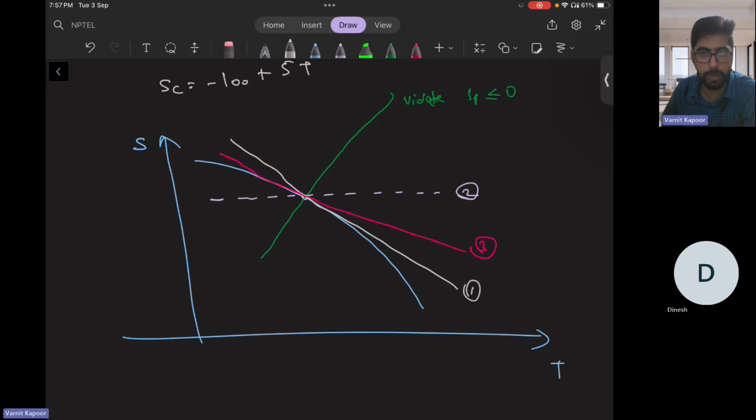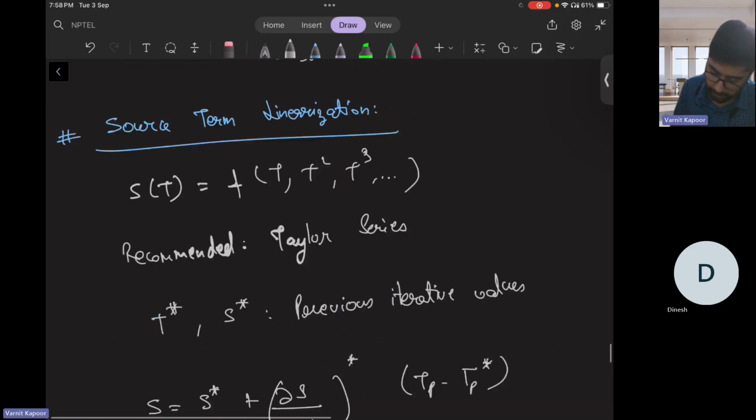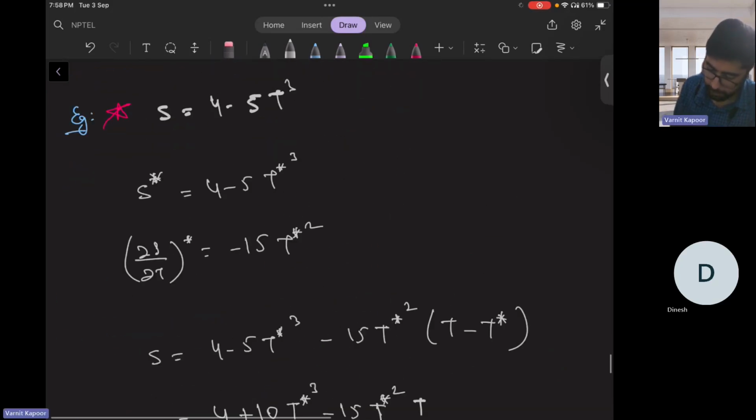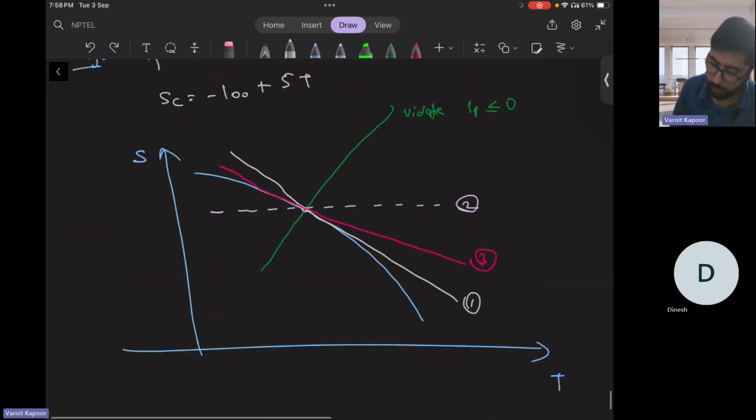We have the source term on the y-axis and temperature on the x-axis. The curve is the model, this blue color. So 4 minus 5T cube is the actual source term which we had here.